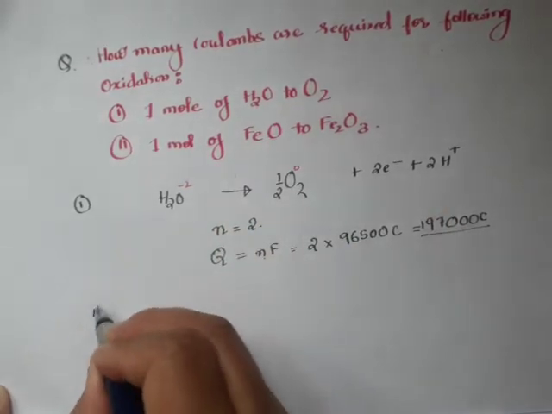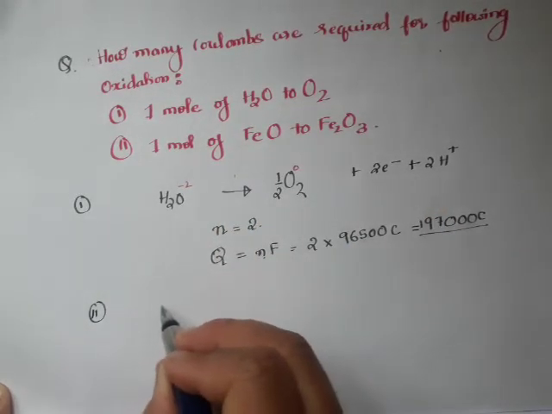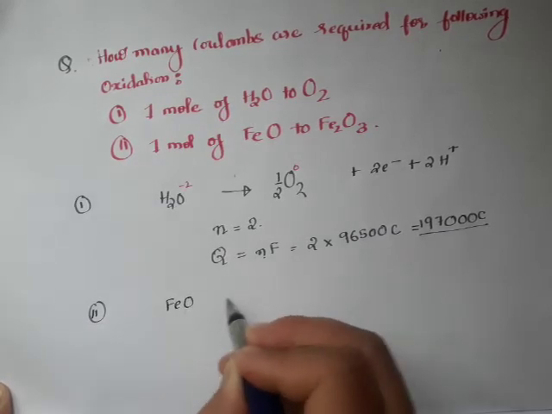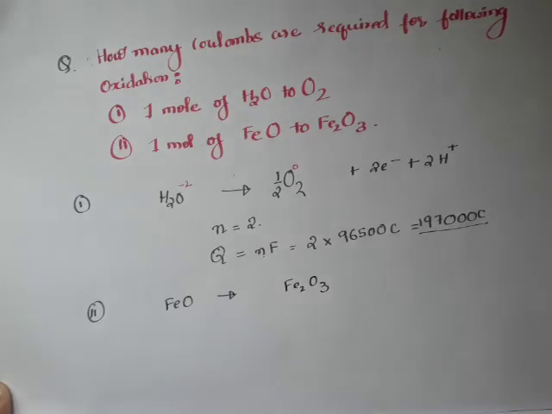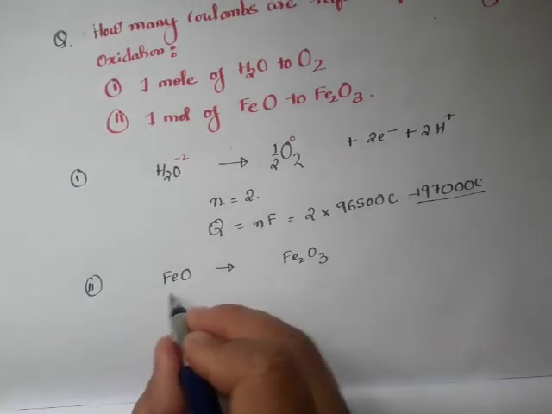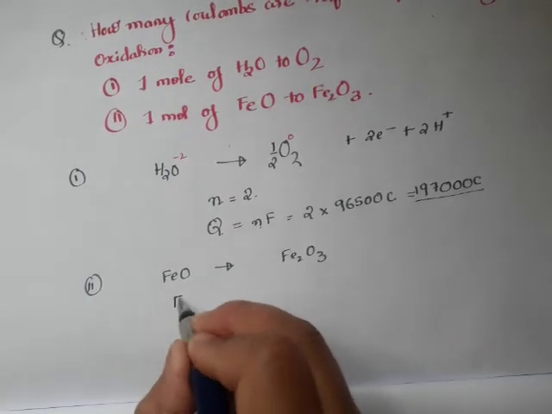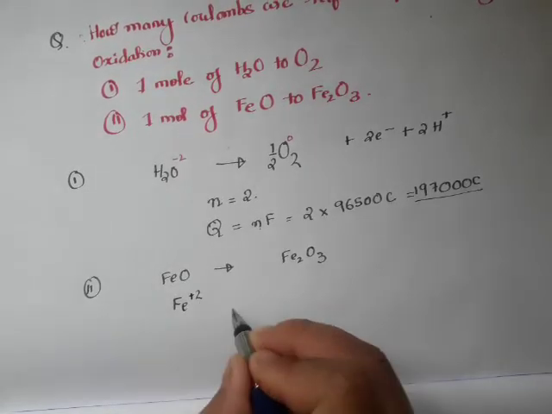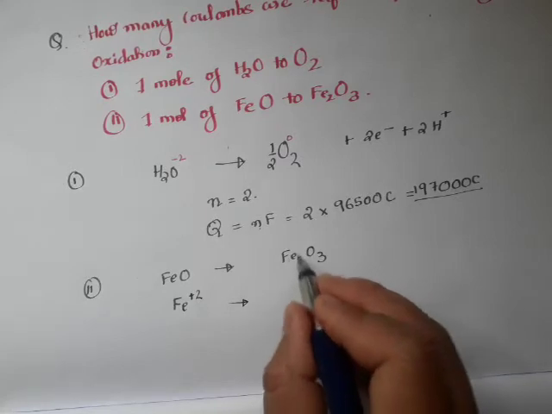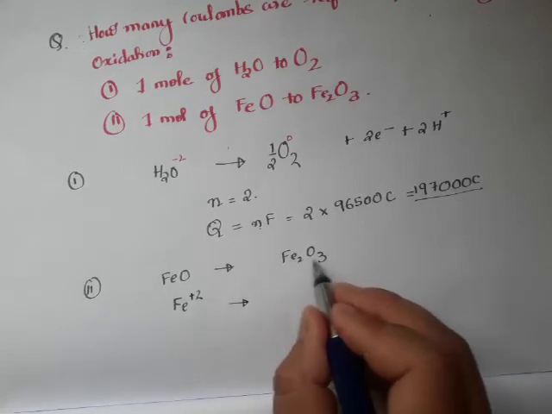Now the next question is conversion of FeO to Fe2O3. What is the charge here? This is ferrous, the charge of this ion is +2, and this is ferric, Fe3+.